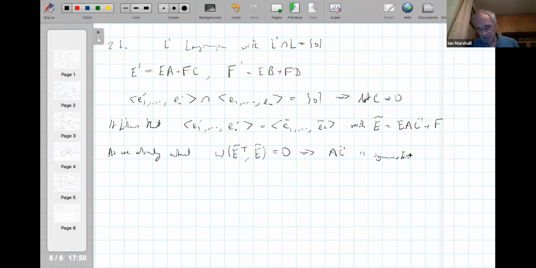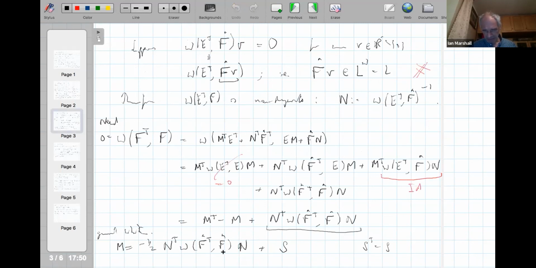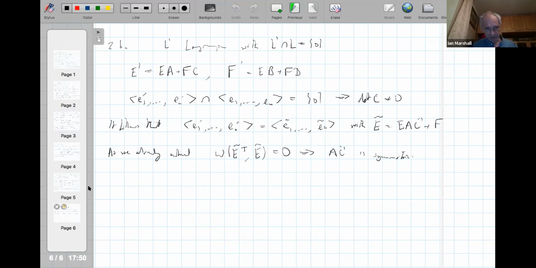That's literally the same computation involved in, I think it was here, something like that. Yeah. So in the case when this is 0, then M should be symmetric. We're allowed to add a symmetric term here. So that's what the result says. So the result is that this L prime, this complementary Lagrangian subspace, will be spanned by some vectors incorporating all of the F's, in which the corrections have to be via a symmetric matrix.